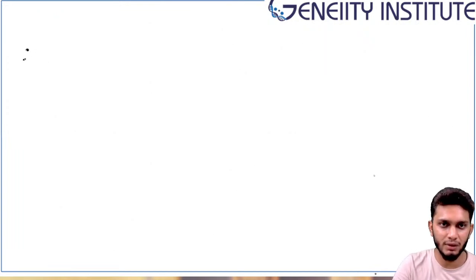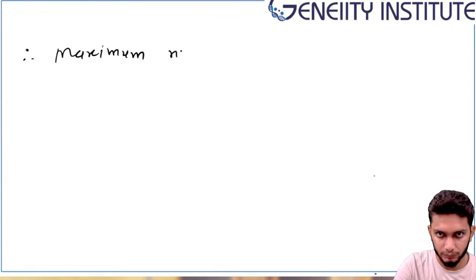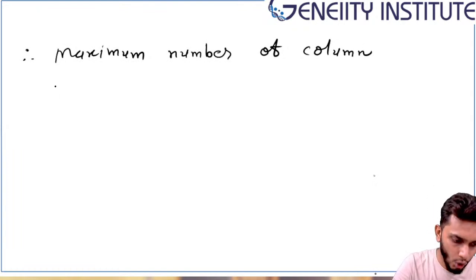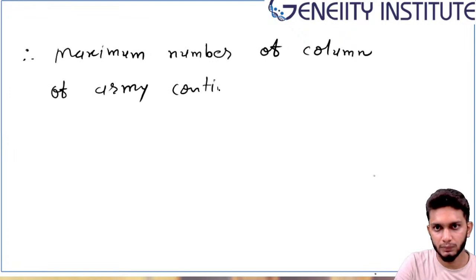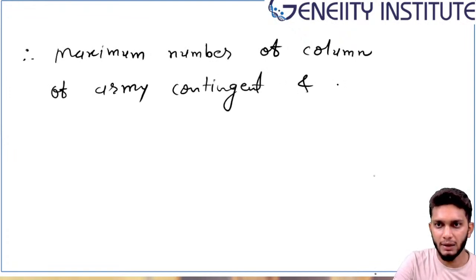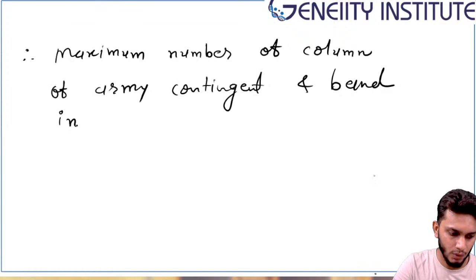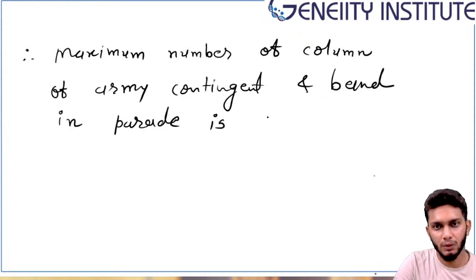Therefore, write last sentence. Therefore, maximum number of column of army contingent and band in parade is 8.